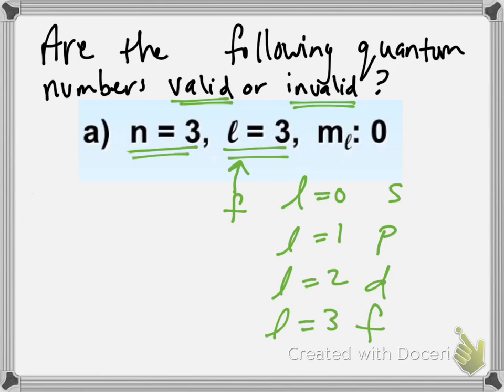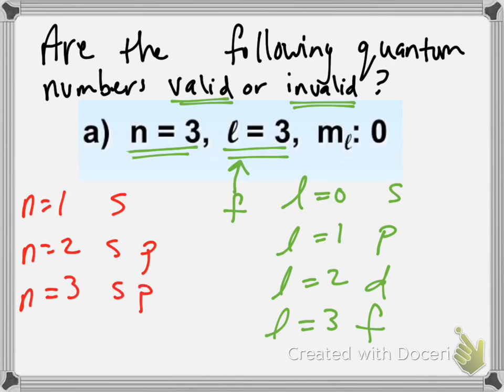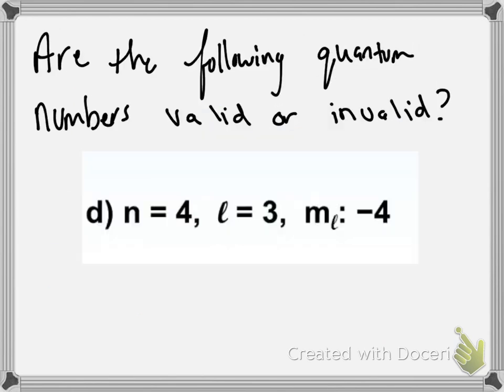Remind yourself, energy level 1 has s, energy level 2 has s and p, energy level 3 has s, p, and d. There's no f, so this is invalid.